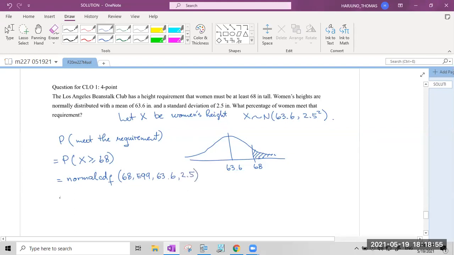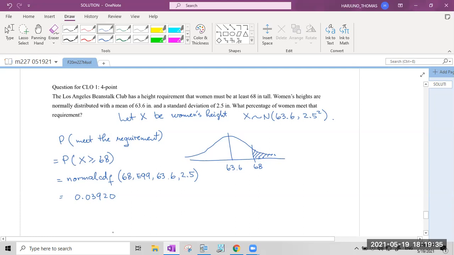Oh, this question is not hard, and you use your calculator. I get 0.03920. So only around 4%. I expected more.